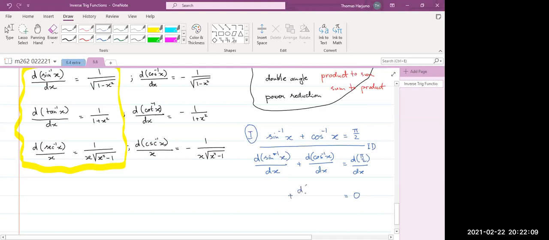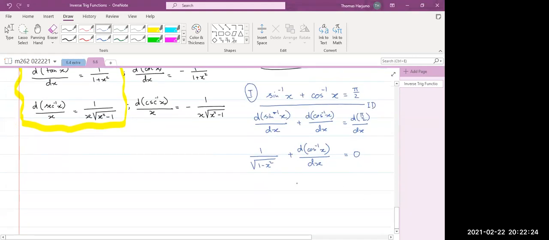Now, we don't know this part, right? That's the one in question. But we already know that the derivative of sine inverse with respect to x is 1 over square root of 1 minus x squared. Therefore, the derivative of cosine inverse x with respect to x must be negative 1 over square root of 1 minus x squared.